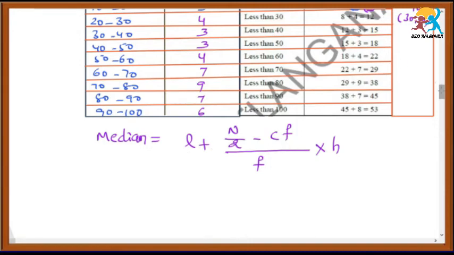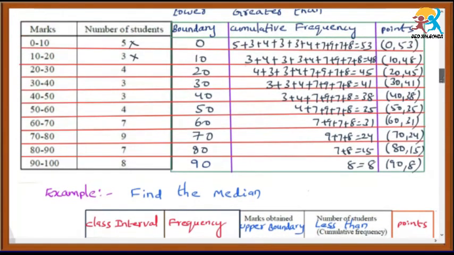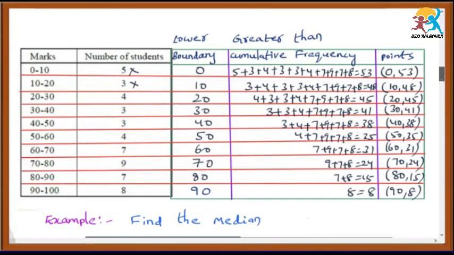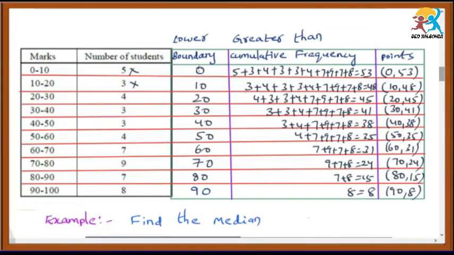Suppose in some questions you are given more than 10, more than 20, more than 40. If you are given more than 10, more than 20, then that will be the lower boundary. Just observe.